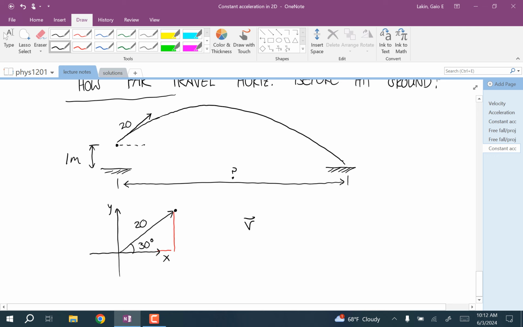So 20 times cosine of 30 is 17.32, and 20 times the sine of 30 is 10. At the instant it's launched, when we turn our stopwatch on, that's V0. Our horizontal part is 17.32 and our vertical part is 10.